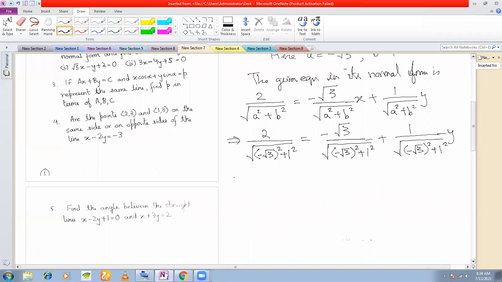Okay, so then next step you are getting root over of minus root 3 square plus 1 square is simply 2. So x here. Right? So therefore, what is the equation in normal form? Minus root 3 by 2x plus half y is equal to 1. You can leave your answer here.